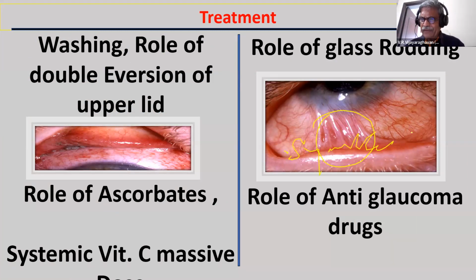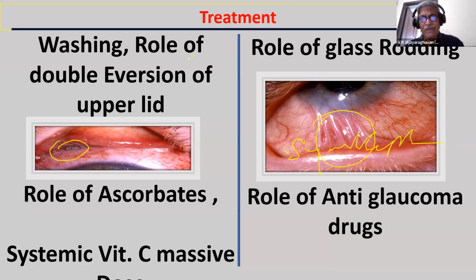Symblepharon formation in future. And see now here, the chemical is here in the fornix. That's why when you have a chemical injury, you have already assessed, you are going to start the treatment modality. I've already started the cleaning. Now, apart from washing, I will do what is called double eversion, again an exam question.